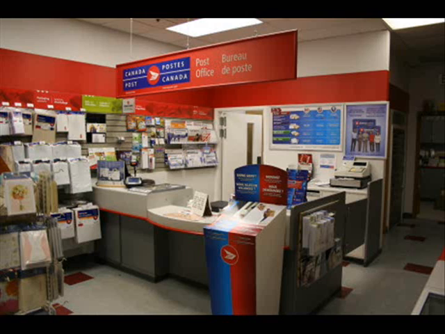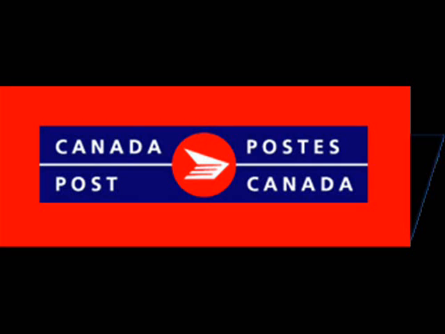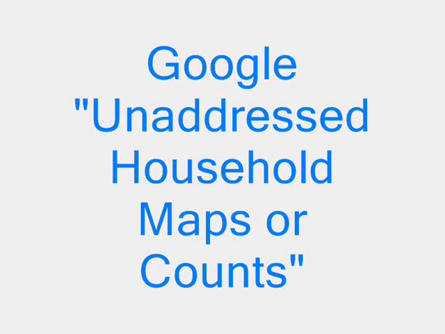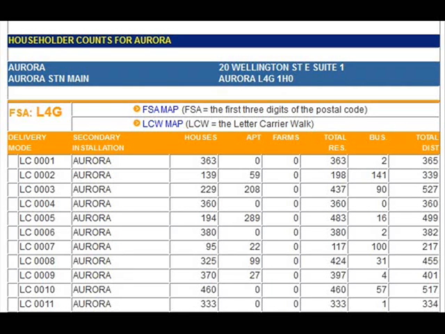You either get them in the local post office where they have a listing, or once again, back online, Google unaddressed ad mail, household, and then there's maps, and in the maps section you'll also find the counts. Unaddressed household counts, and those counts will be for each walk route in the area that you're wanting to deliver to.